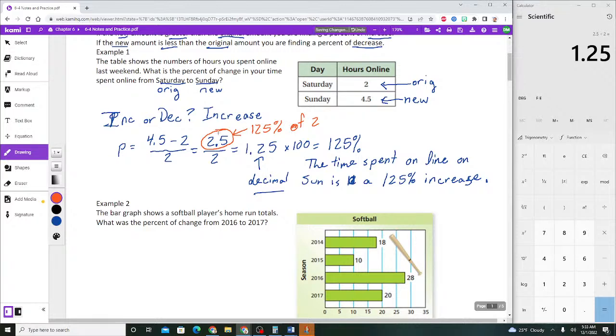What we're doing is adding this 2.5 to the 2 to get the 4.5. So this 2.5 is the actual increase, and we're finding out the percent of increase. So how much does this increase by percent versus how much did this increase by hours?